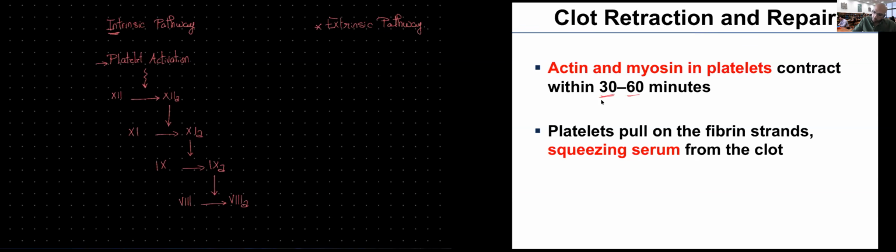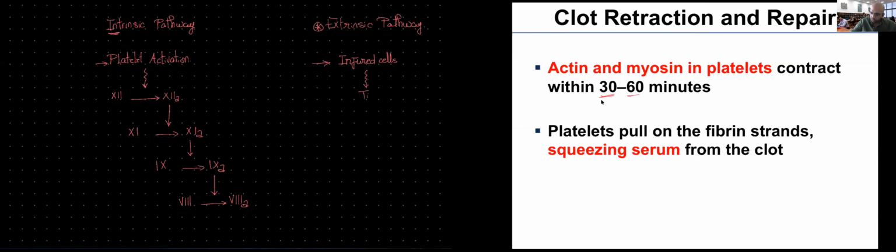Concerning the extrinsic pathway, if you remember, something is taking place outside of the blood vessels, and those are the injured cells. Those injured cells are going to be releasing a chemical.